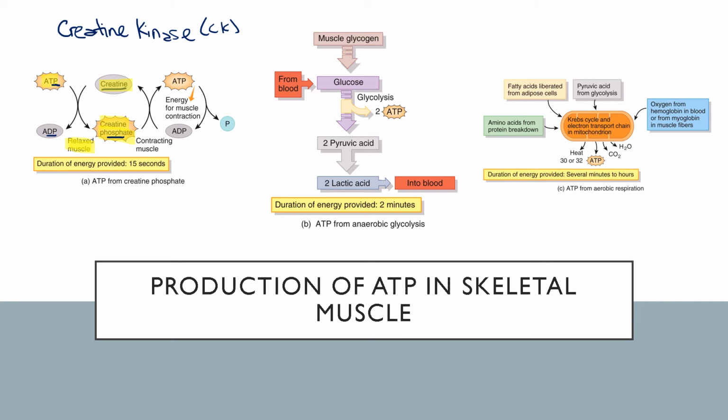Now, when muscle activity continues or resumes after resting, the supply of creatine phosphate within the muscle fiber is going to be depleted because creatine phosphate will be used to generate ATP, and that energy is used for muscle contractions.